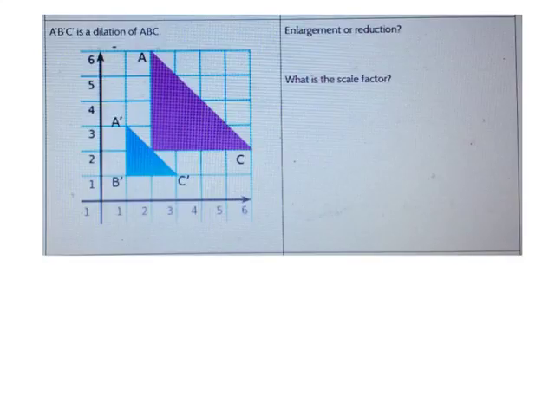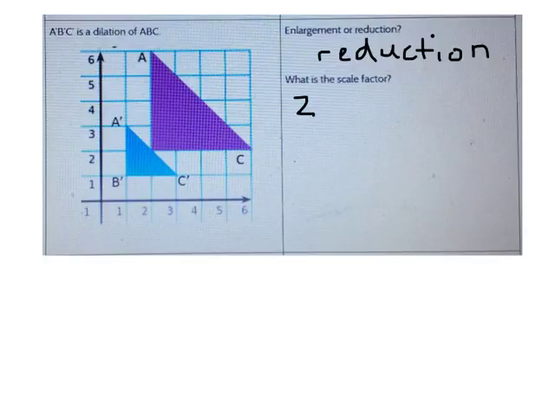Sometimes we'll have images on the coordinate plane. A prime, B prime, C prime is a dilation of ABC. Is A prime, B prime, C prime an enlargement or a reduction? It's a reduction. What's the scale factor? Well, the length of BC is 4, and the length of B prime, C prime is 2.